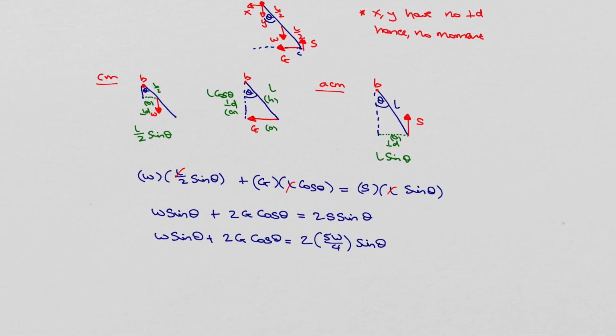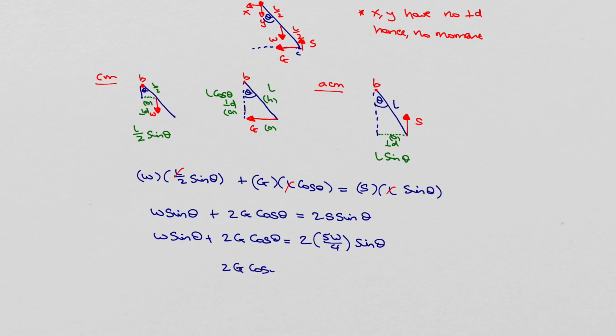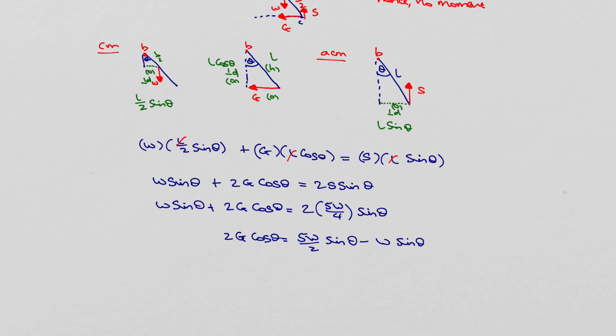So if I try and get G on its own there, well, I have 2G cos theta is equal to 5W over 2 sine theta minus W sine theta. So I divide across by 2 there, and we end up with 3W sine theta over 4.